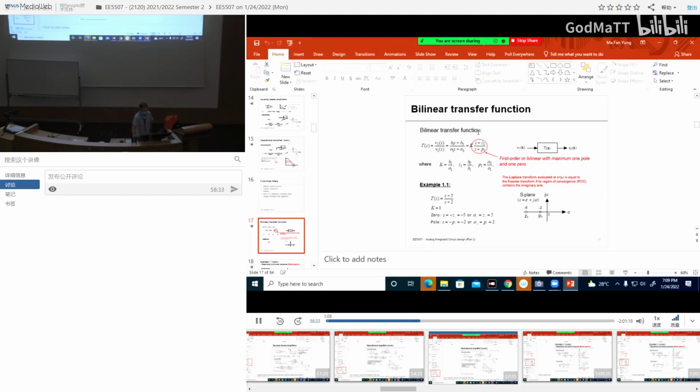So numerator is B1S plus B0, and the denominator is A1S plus A0. And then you can simplify this to a numerator which has 1 zero, and the denominator is 1 pole. So bilinear filter means first order filter, maximum 1 pole and maximum 1 zero.